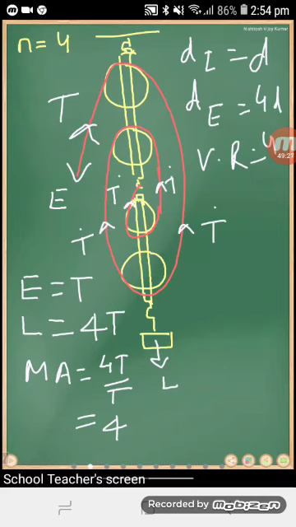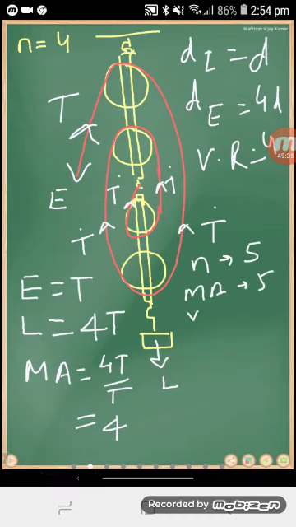Now n was equal to 5, mechanical advantage 5, velocity ratio 5. n equal to 4, mechanical advantage 4, velocity ratio 4.